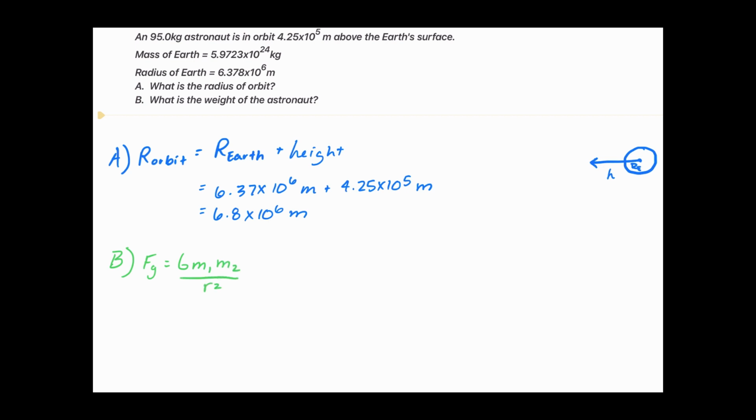Okay, and that big G, that's that constant I was telling you that you would need on your formula sheet.